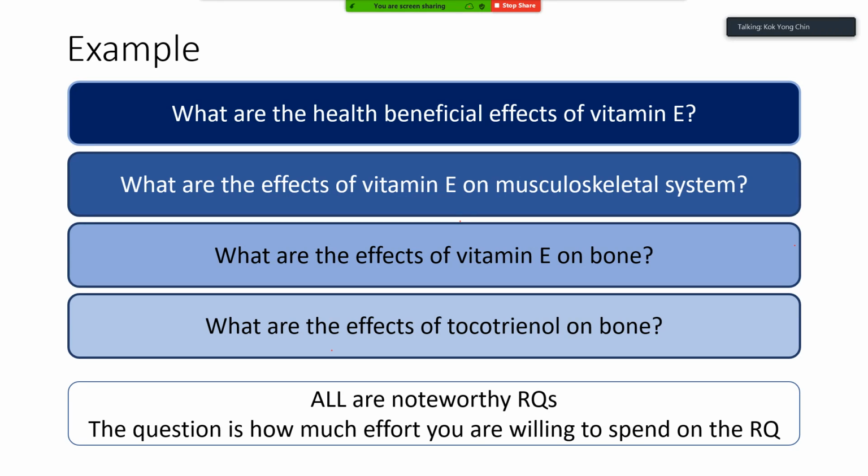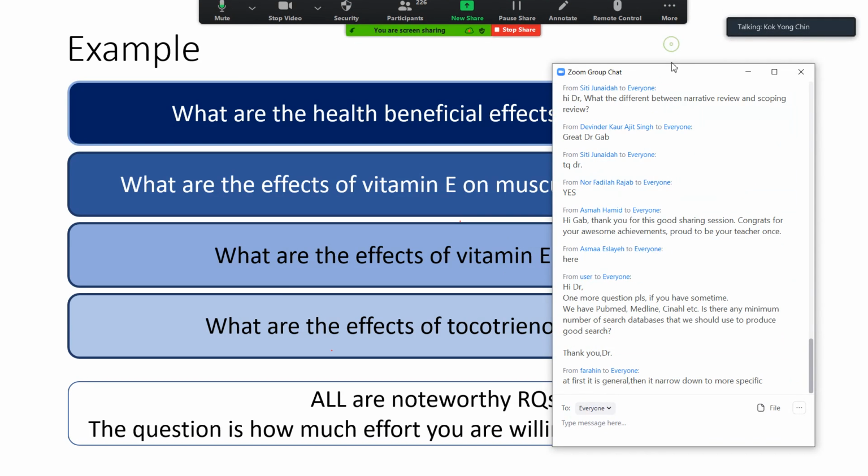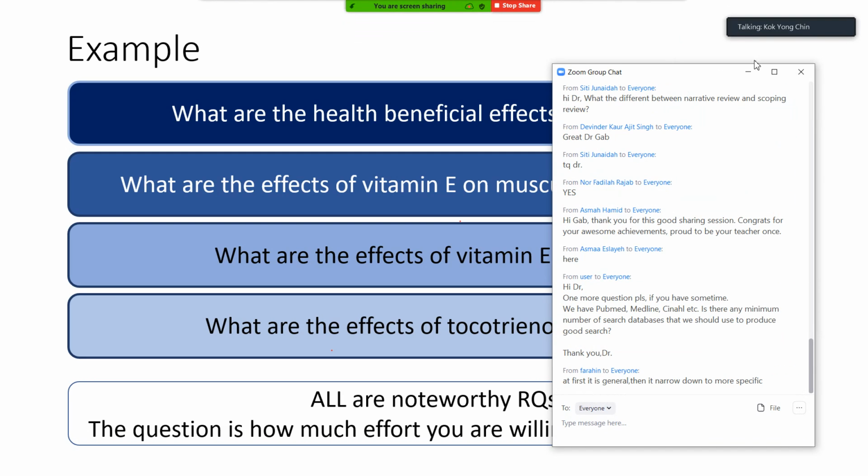You still have to cover 3 systems. And then what are the effects of vitamin E on bone? Now we are only focusing on bone. And the 4th one, what are the effects of tocotrienol on bone? Vitamin E consists of a few families, so we are only considering the tocotrienol family. So as Moshida said, it is getting narrower and narrower.